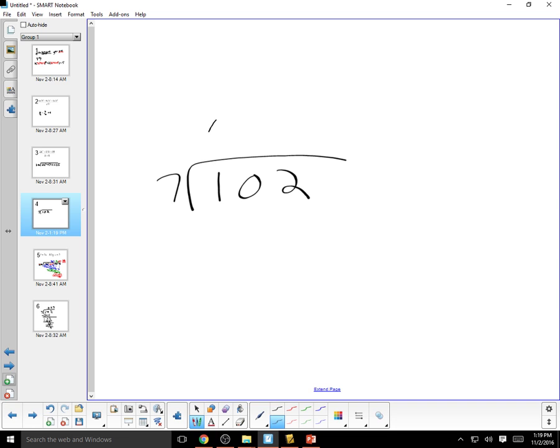No. So we put a 0 there, right? Does 7 go into 10? Yes. It goes in there 1 time. 1 times 7 gives me 7. Then what do I do at this point? Subtract. I change the sign. And then I say, oh, well, 10 minus 7 is 3. And then I bring down the 2.